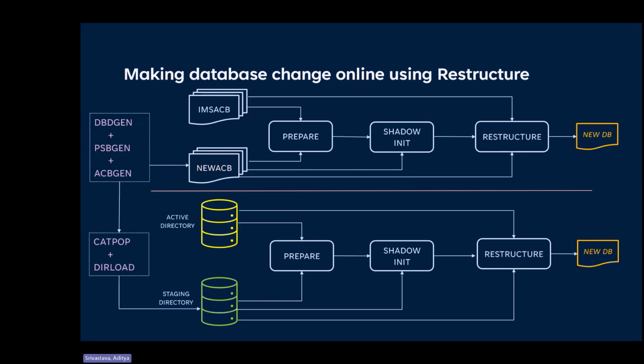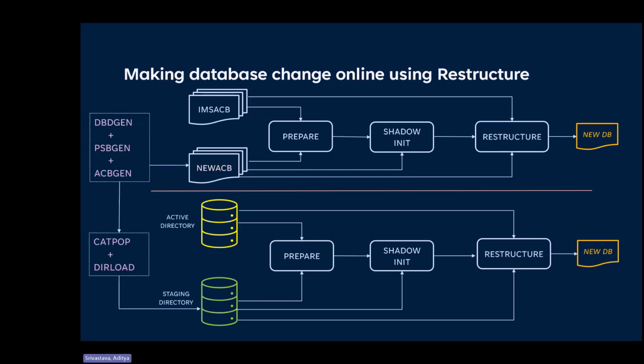When you run online, you ask IMS for the control blocks, your DBD control blocks and PSB control blocks, and IMS provides them. You don't choose staging or active there. When you run your utilities offline, when your IMS is up but you want to run offline, you have a choice to read from the active directory or the staging directory.